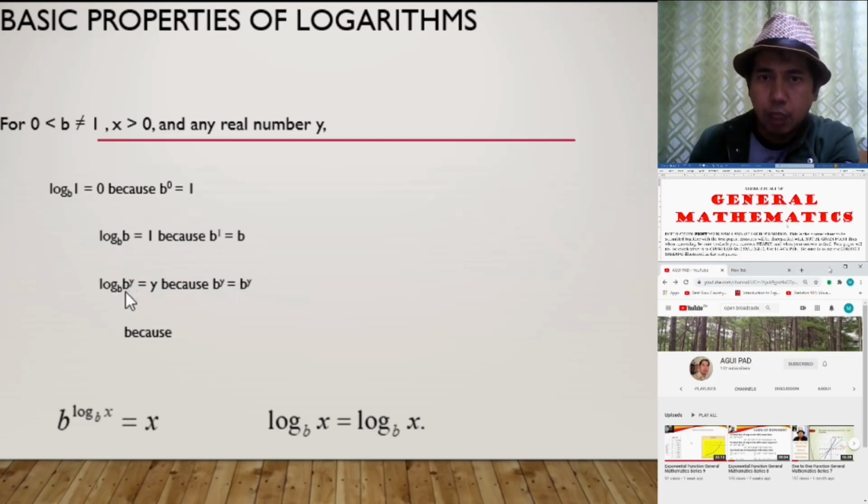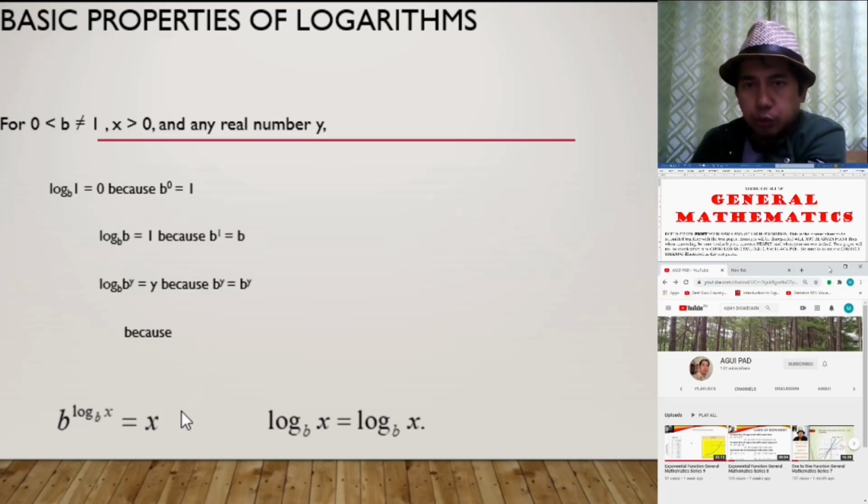Now, our result in the logarithm is y. And so, our base b in the logarithm must be raised to y. So, b raised to y will give you a result, which is b raised to y.